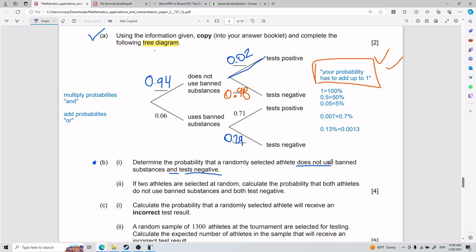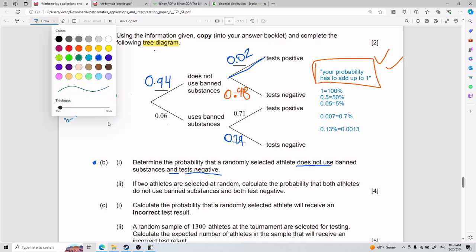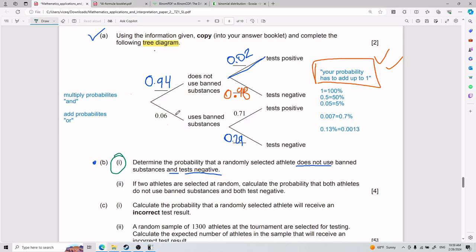And so, guys, where's the athlete that does not use banned substances? So that means for this in green, ¿cierto? Does not use banned substances, so we're going this way. And we're going to be multiplying, tests negative. So it's 0.94 and 0.98. What almost everyone does for part B-I is they just write 0.98 because it's what they reach, ¿cierto?